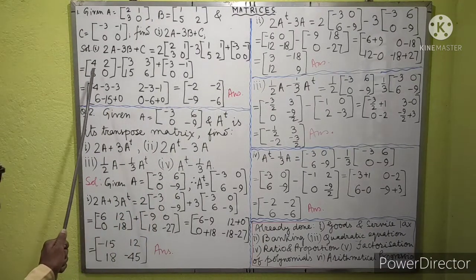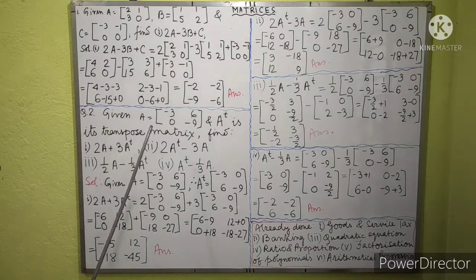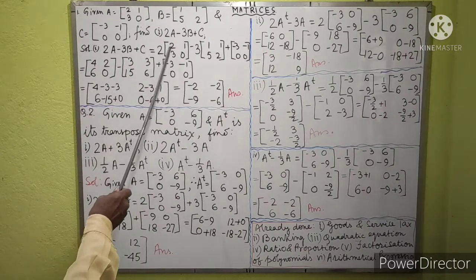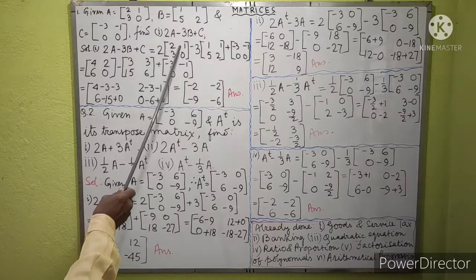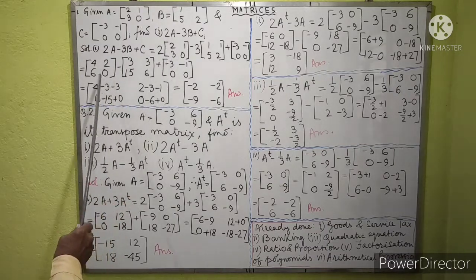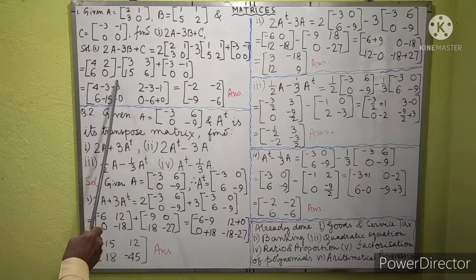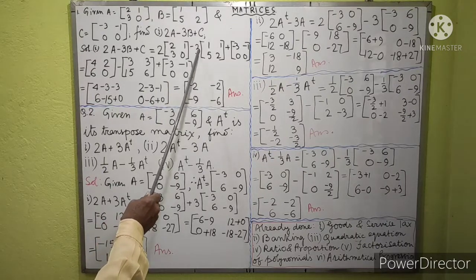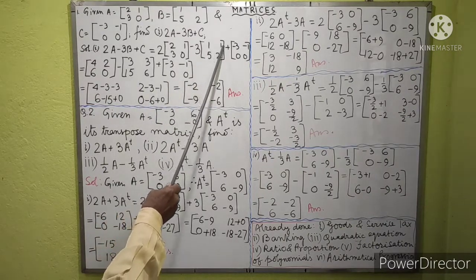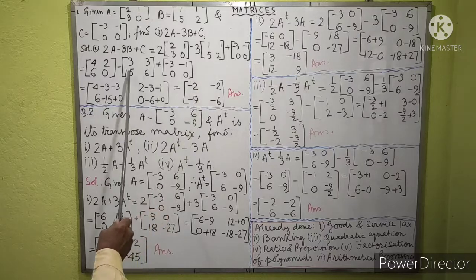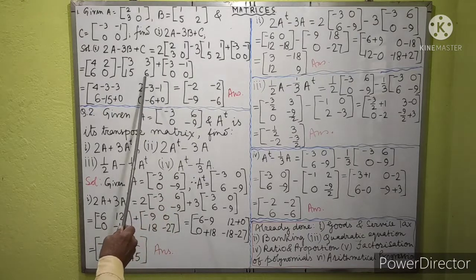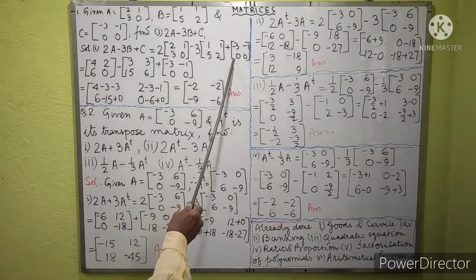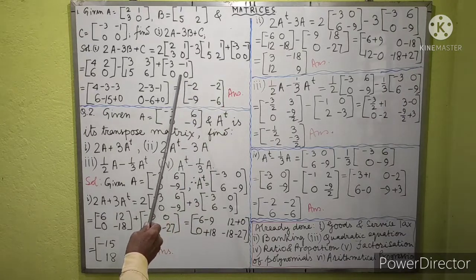When we multiply by 2, it will be 2 into 2, 4, 2 into 1, 2, 2 into 3, 6, 2 into 0, 0. Now 3 into 1, 3, 3 into 1, 3, 3 into 5, 15, and 3 into 2, 6. But C is the same.